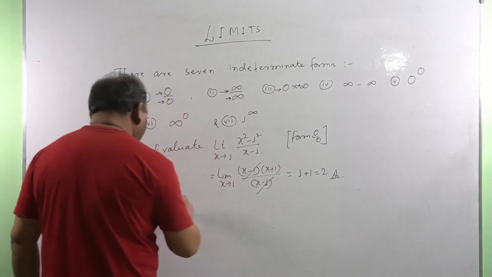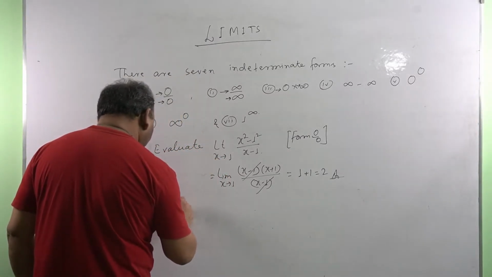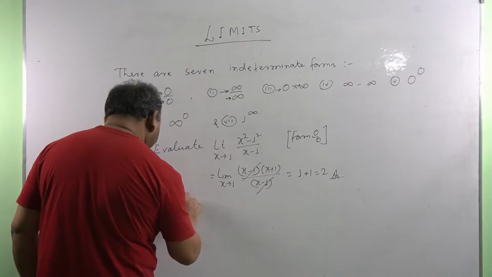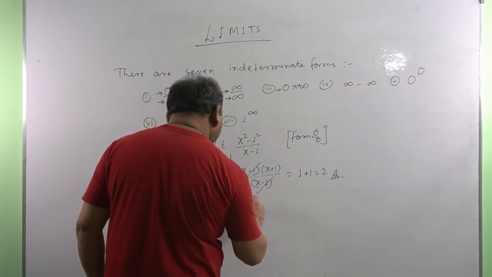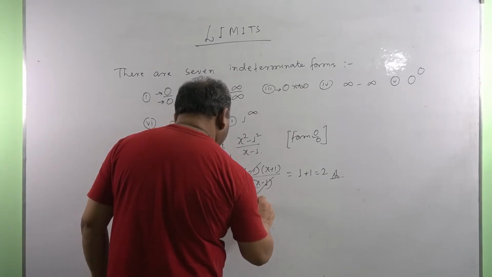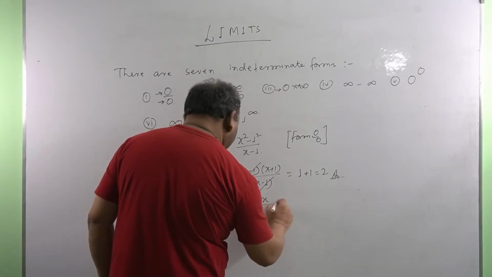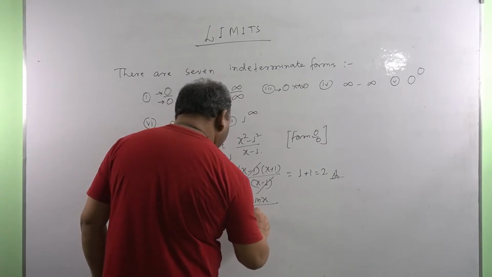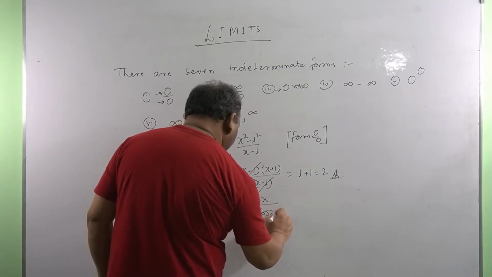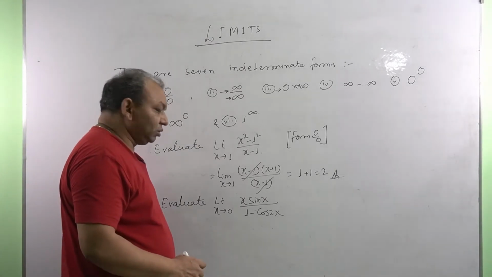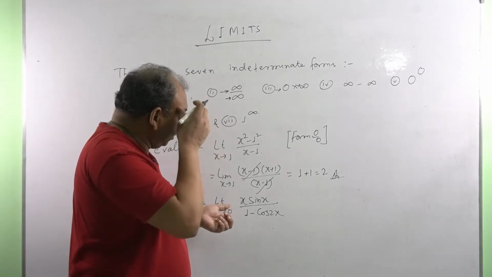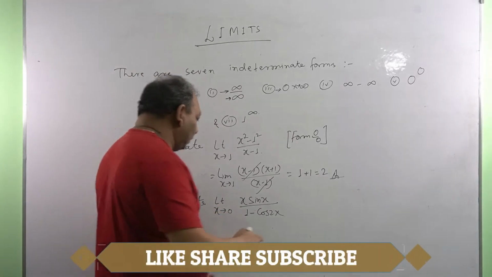So let's take the next example. Evaluate the limit as x tends to 0 of x sin x divided by 1 minus cos 2x. There are some formulas which can be used in solving the limits of a function.